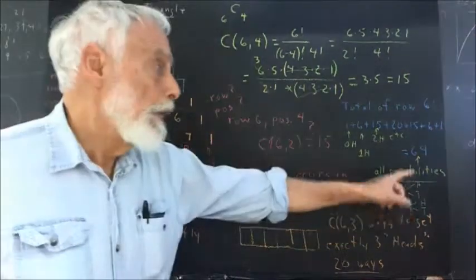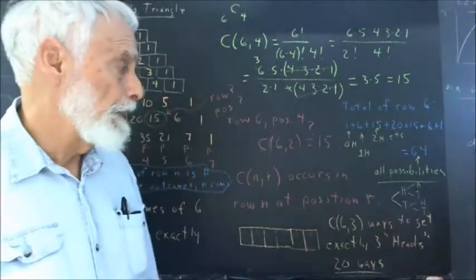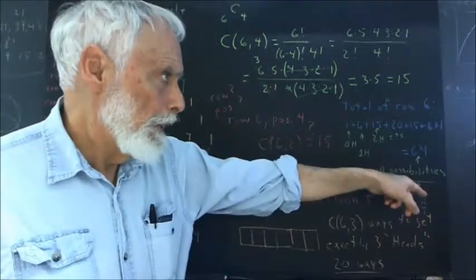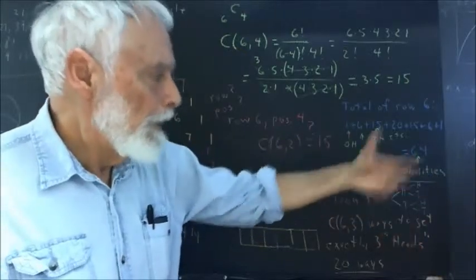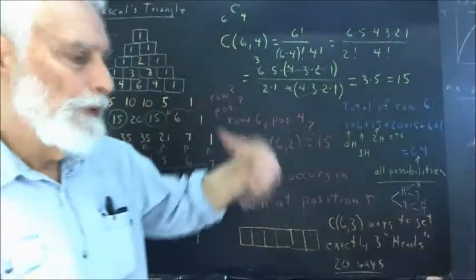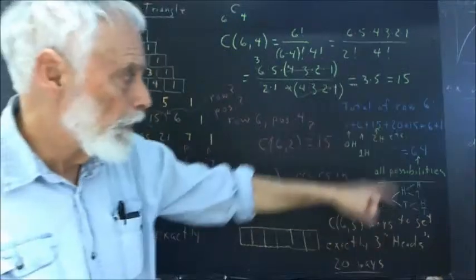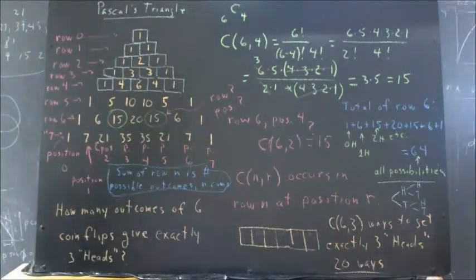We have double that, or 4 possibilities for the second. If we go to a third, we're going to double that. We're going to get 8. And then we double that 3 more times. We get 16, 32, 64. 64 possible outcomes on flipping 6 coins.